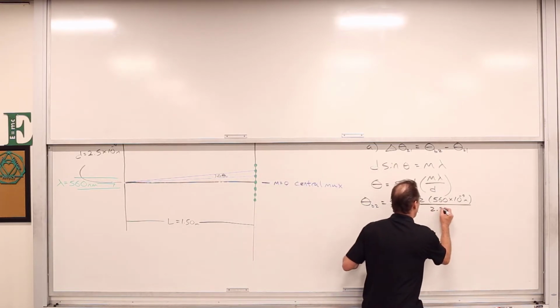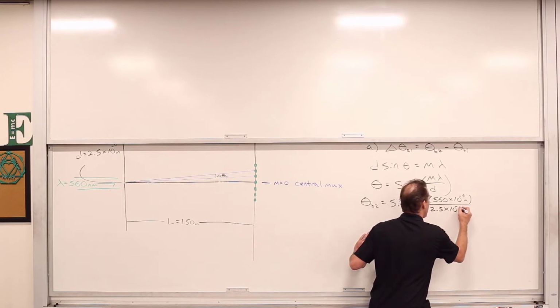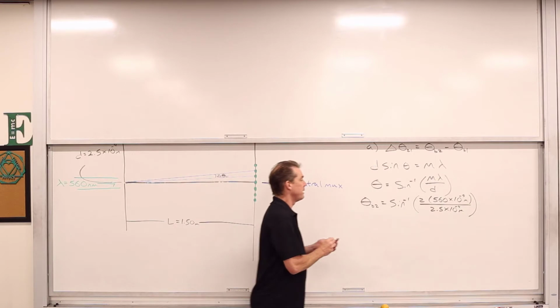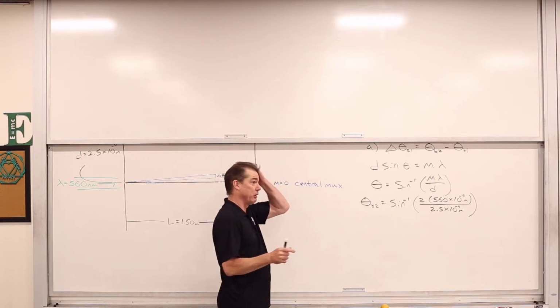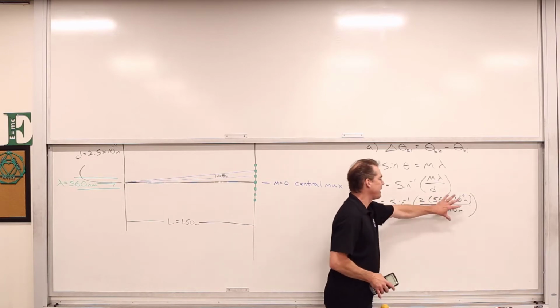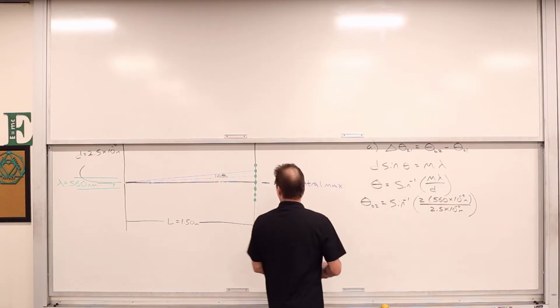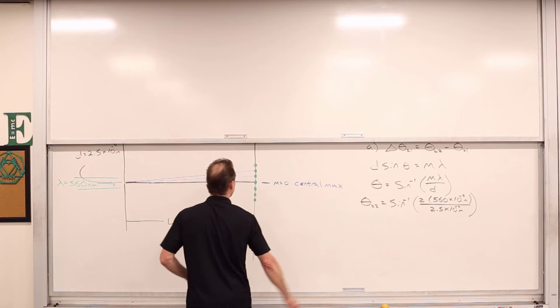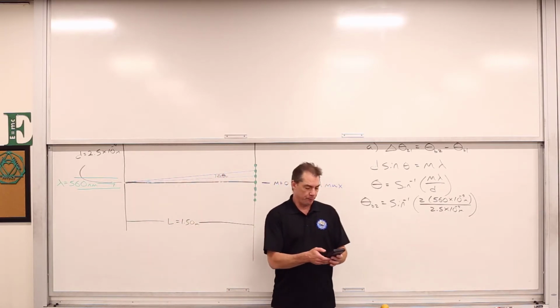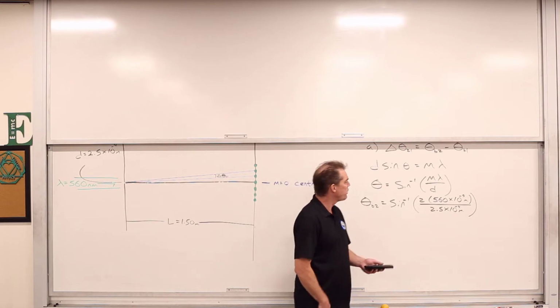Write this as 2.5 times 10 to the negative 4 meters. So meters divided by meters gives us something unitless. And that's what we want. So if anything, be careful with the units there. Because a lot of times I do see people just going, oh, it's just 560 divided by 2.5. And that is wrong.